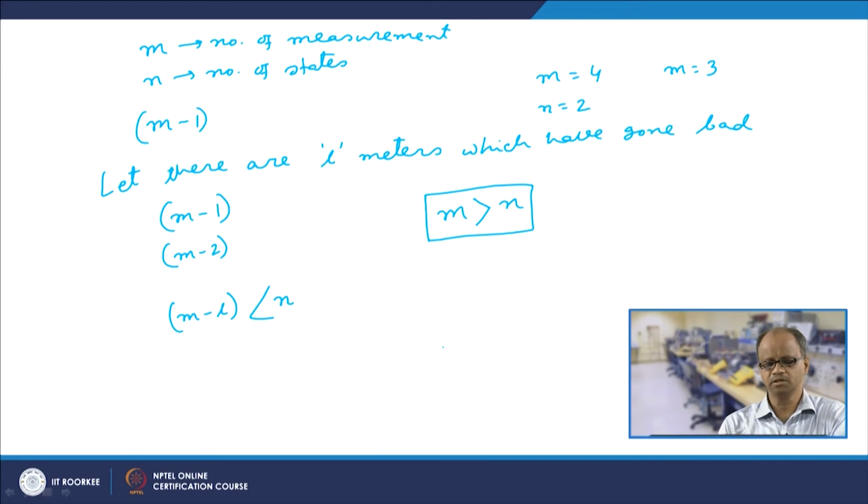So, this completes the discussion of the basic theory of state estimation, and we have explained this basic theory by taking a very simple DC circuit. But our objective, as we have stated in our initial lecture of this module on state estimation, is ultimately to monitor the power system, monitor the transmission or distribution grid.